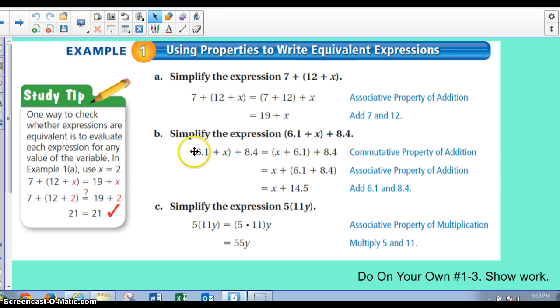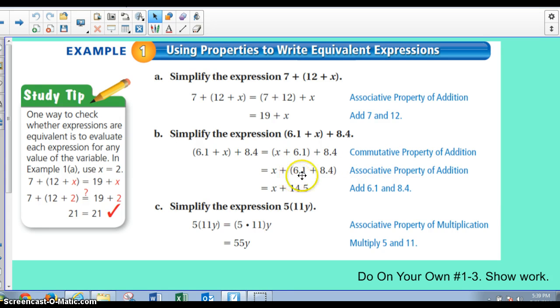All I did was flip it so that the x was on the outside and the numbers on the inside. That's commutative. That was step 1.